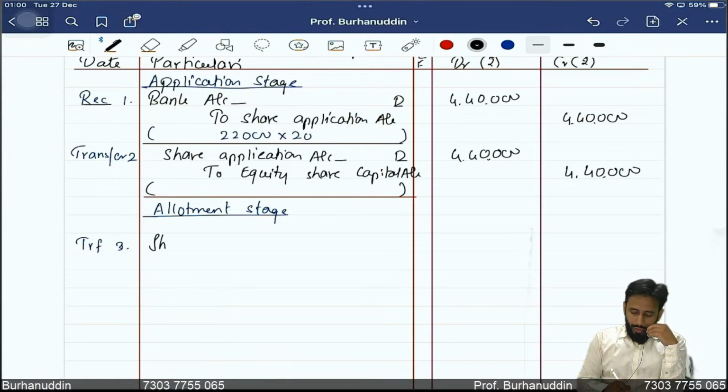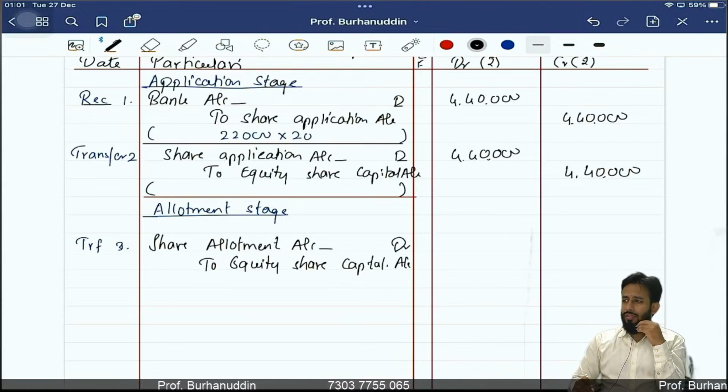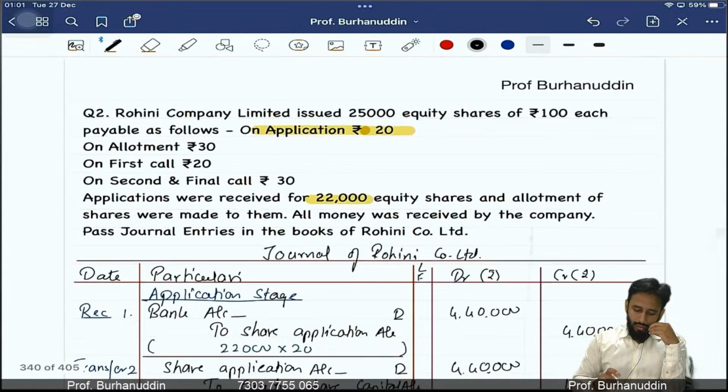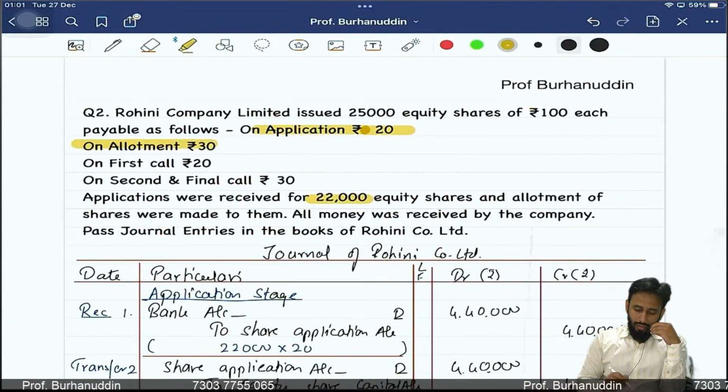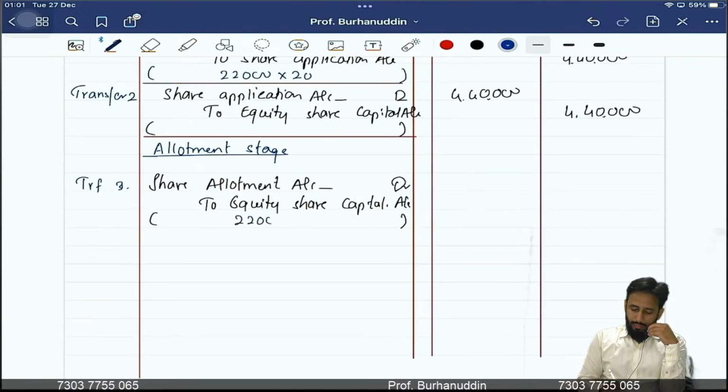So that is share allotment account debit to equity share capital account. I am calling 30 rupees on allotment for 22,000 shares, so 22,000 multiplied by 30 is 6,60,000.